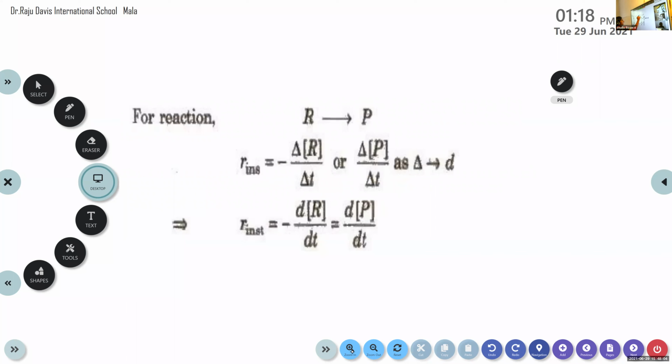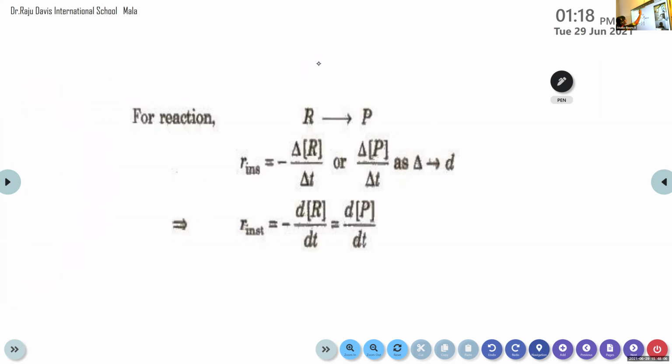So for a reaction, when reactant is converted to product, we can write the instantaneous rate of a chemical reaction. We have learned that minus delta R divided by delta T is the equation to find out the average rate of a chemical reaction in terms of reactants.